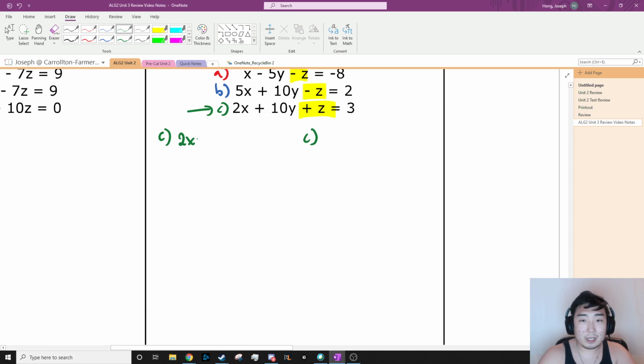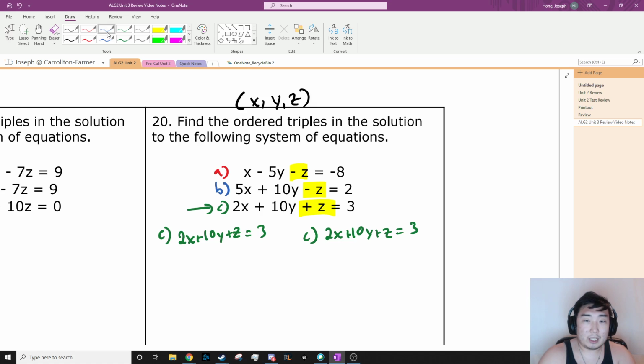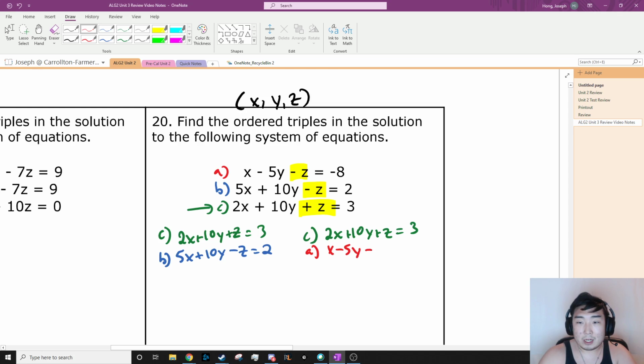So 2x plus 10y plus z is equal to 3. I'm going to write that twice. Equation B is 5x plus 10y minus z is equal to 2. And equation A, which is x minus 5y minus z is equal to -8.